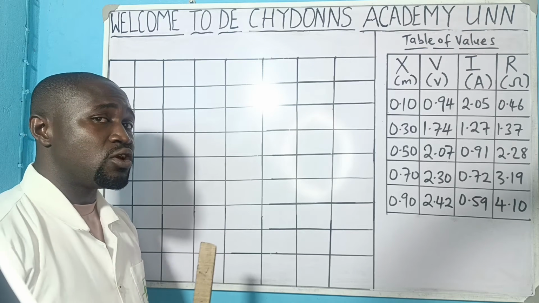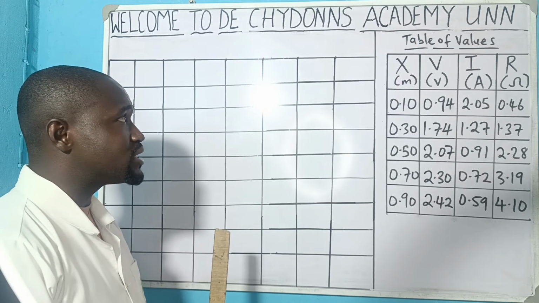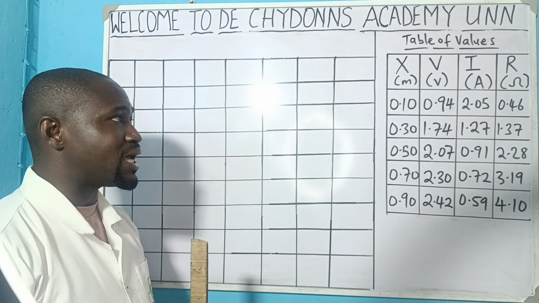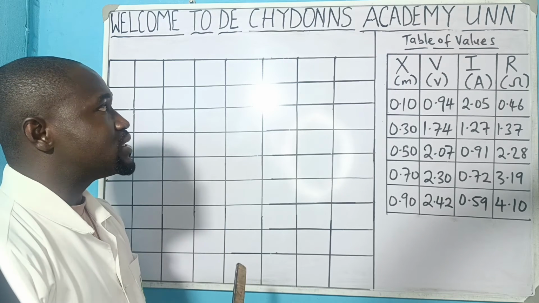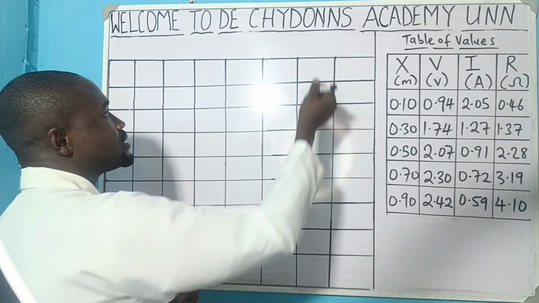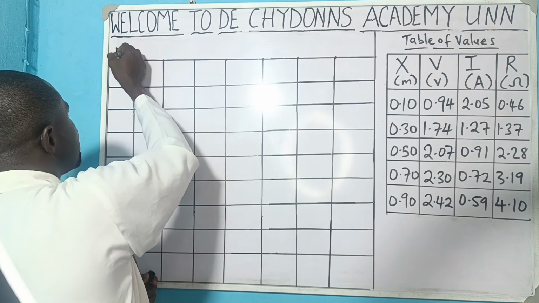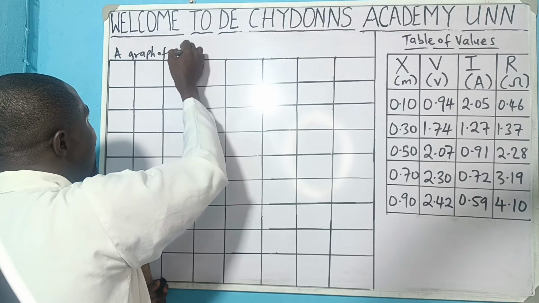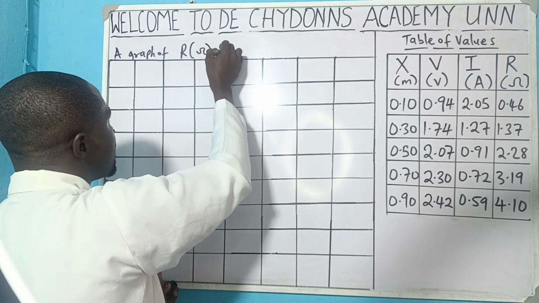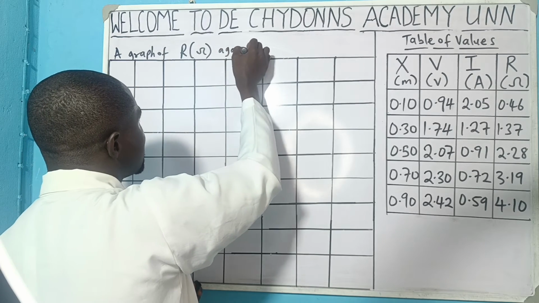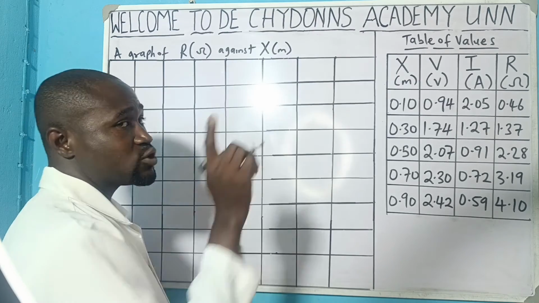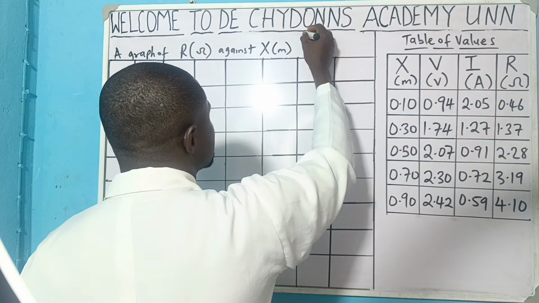Remember, on our channel, I've posted a lot of videos on how to plot graphs and the rules concerning plotting of graphs. First and foremost, write the title of your graph: a graph of R in ohm against X in meter. Once you write the title of your graph, don't forget to write your date.